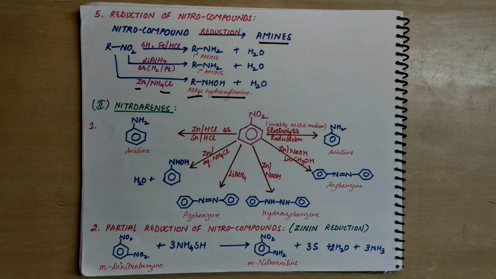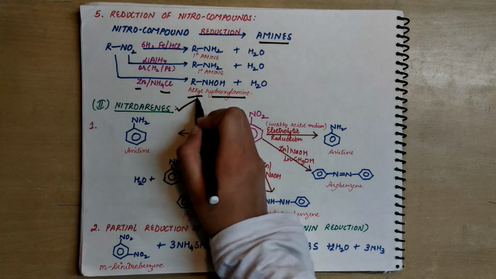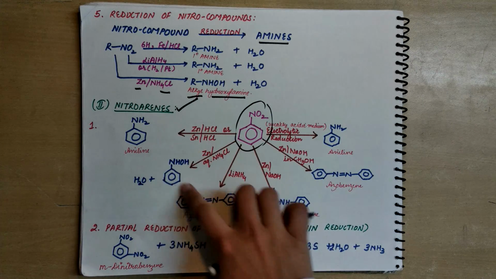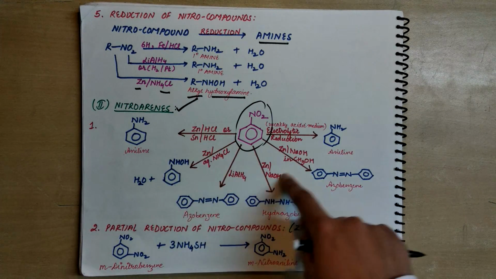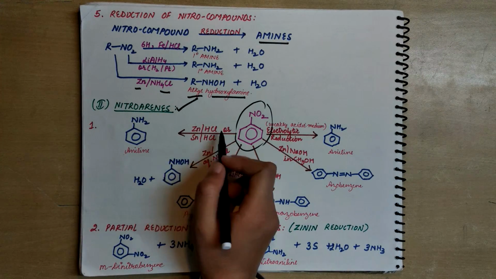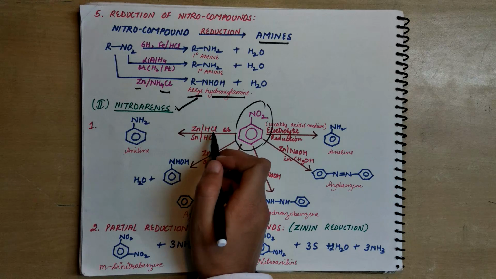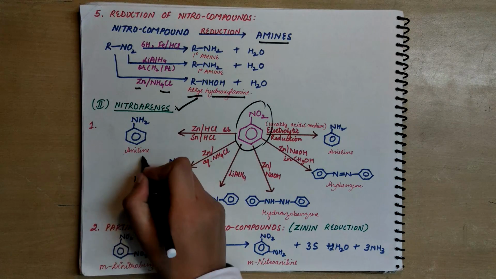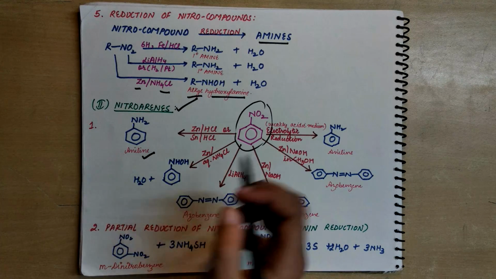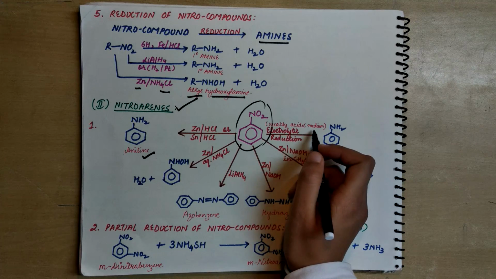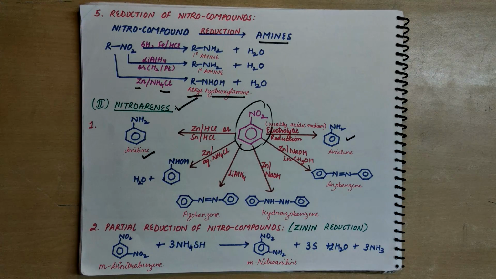Then we have chemical reactions of nitroarenes. This is a nitroarene. It forms different products when different reagents are used. Firstly, we'll take the reaction in the presence of zinc and HCl, or we can use tin and HCl. Here, aniline is formed. Also, if electrolytic reduction is done in weakly acidic medium, then also aniline is formed.